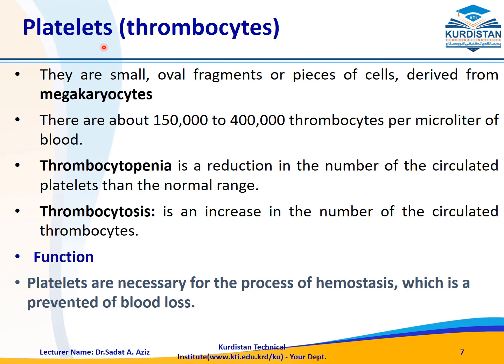So the third type of the blood cells is called the platelets or thrombocytes. So they are small oval shaped fragments of cell. They are derived from a progenitor cell which is called megakaryocytes.